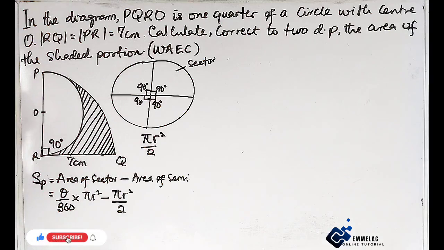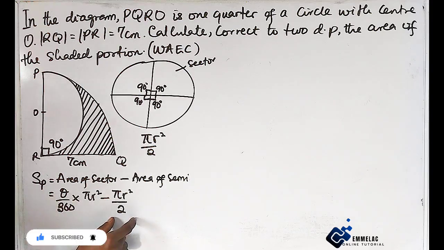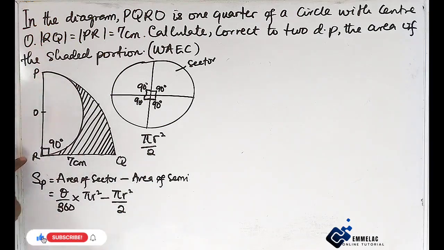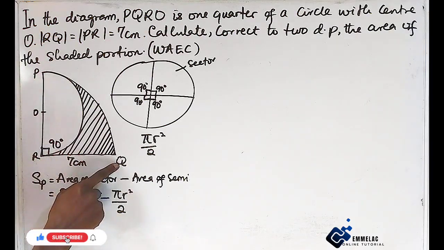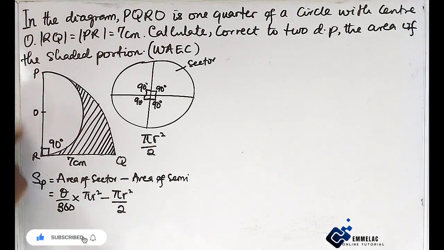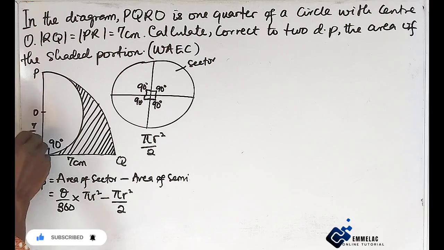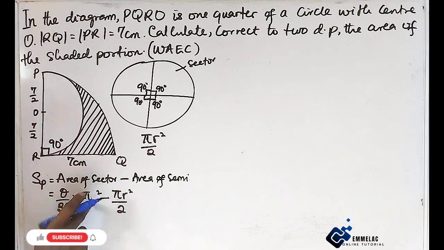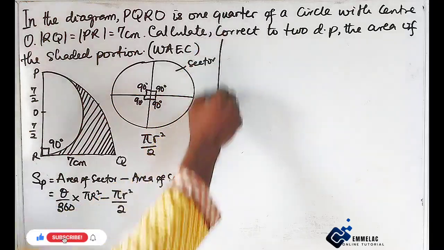But we need to look at something here. The radius of the sector is different from that of the semicircle. The question tells us QR and PR is 7, so it implies that the radius of the semicircle will be 7 over 2. So let us erase this one and write big R for us not to confuse ourselves.